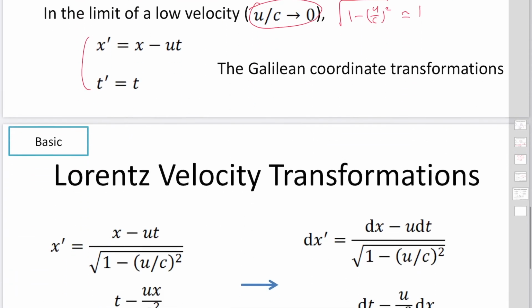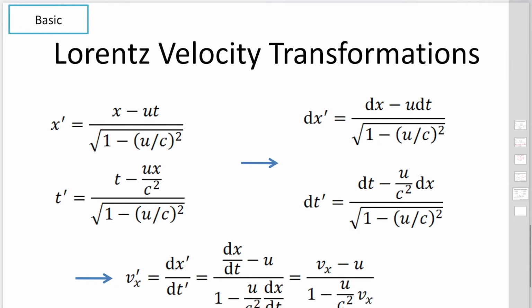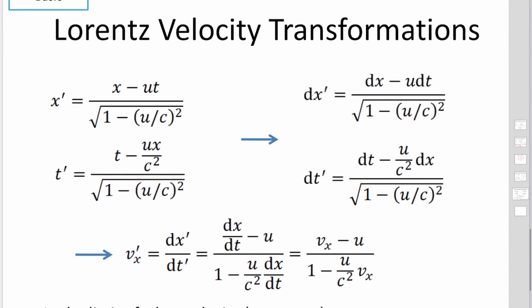In the case of velocity, it should also be transformed. So we use these 2 equations. x prime is x minus ut over square root of 1 minus u over c squared. We'd like to consider a small change of the coordinates, so the variables are x and t, or x prime.